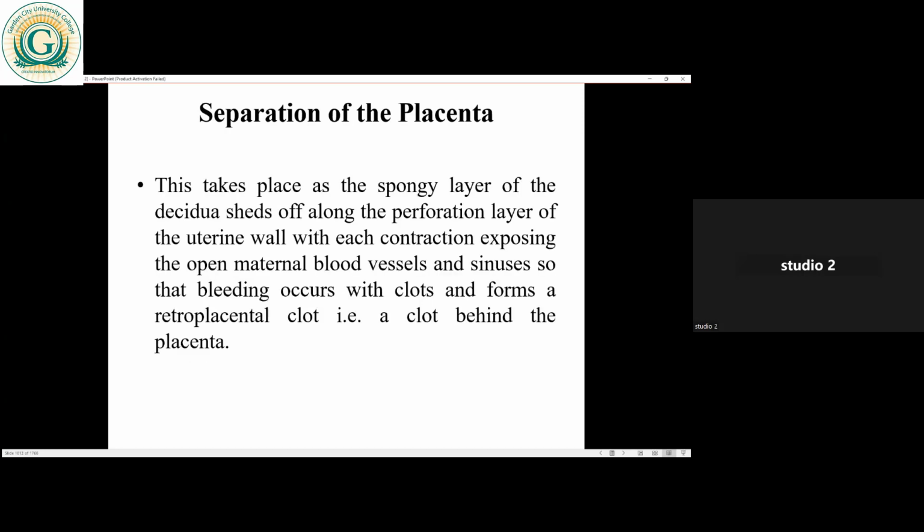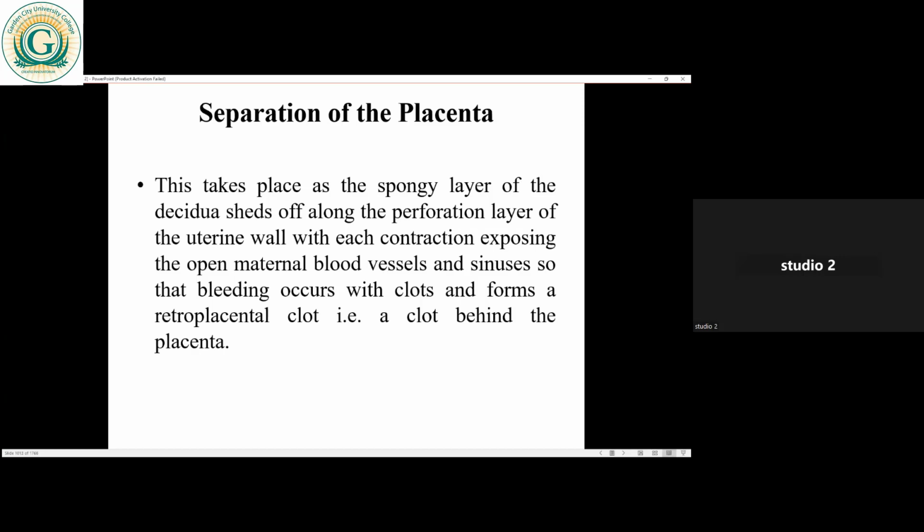How does the placenta separate? This takes place at the spongy layer. If you remember, when the woman becomes pregnant, we have the decidua. The decidua is divided into layers.